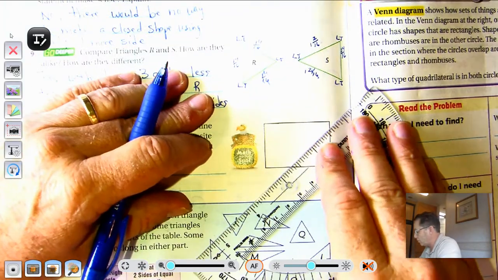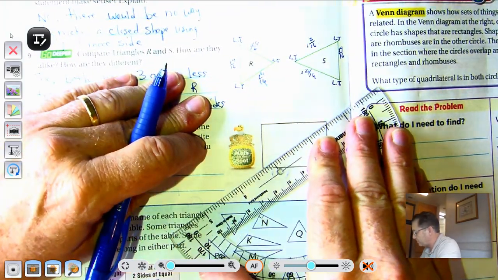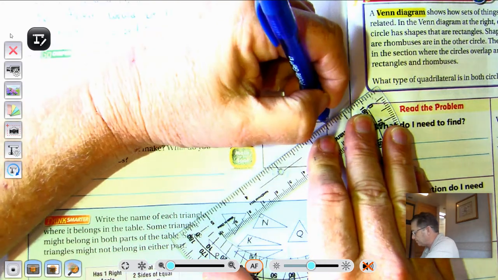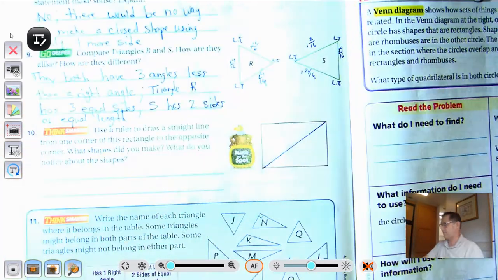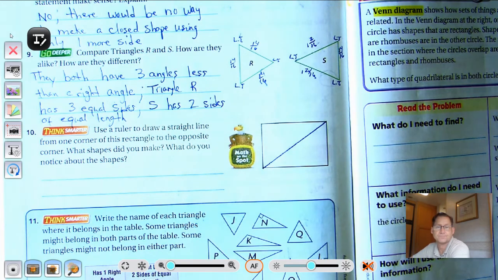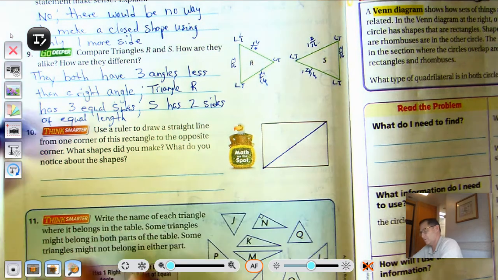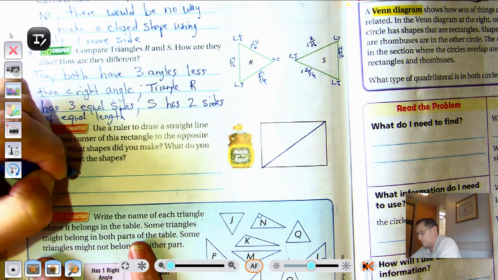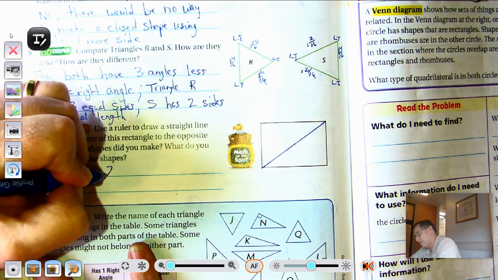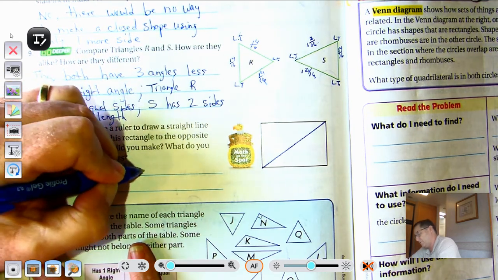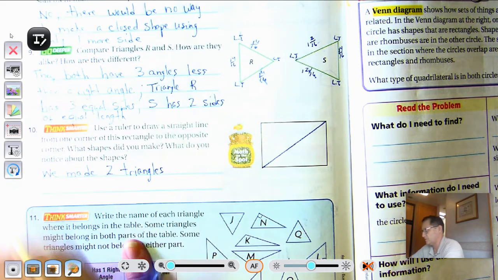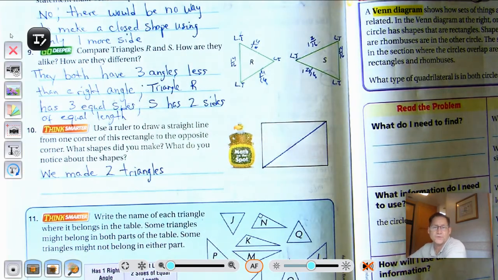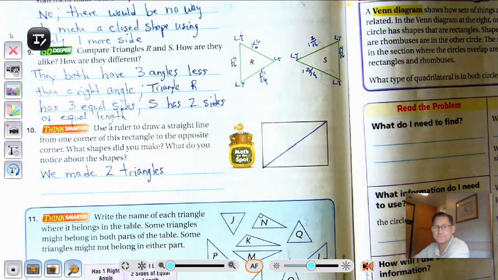So from one corner to the opposite corner, what shapes did you make? We made 2 triangles. What do you notice about the shapes? Well, aren't they exactly the same?